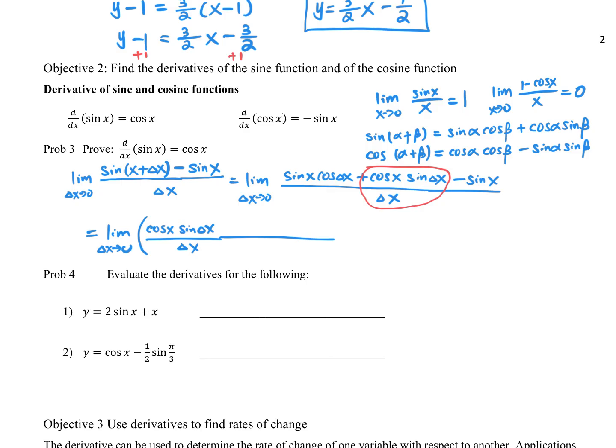And the next one is actually these two. I'll factor out the negative sine x. So when I factor out negative sine x, I'm left with 1 minus cosine delta x. When you factor out negative sine x, we're left with 1, and the other term is negative cosine delta x. All right, next we are going to split the limits, right? This limit actually gives you 1.